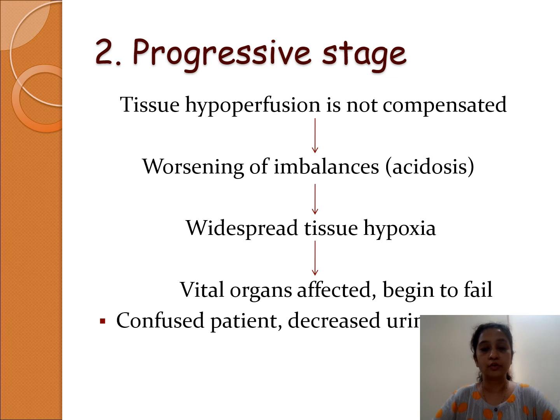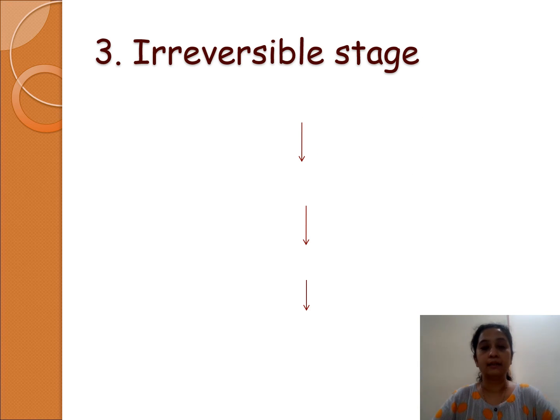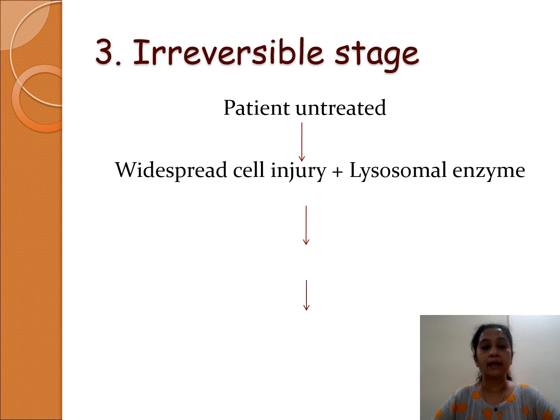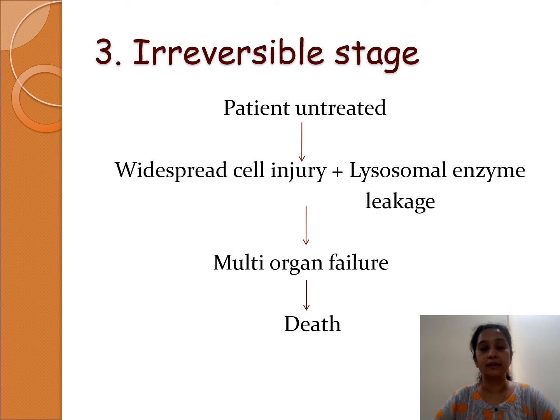There is reduced urine output, and next, if uncorrected at this stage, it will go to the irreversible stage, and there is widespread cell injury, lysosomal enzyme leakage happens, that causes multi-organ failure and death of the patient.